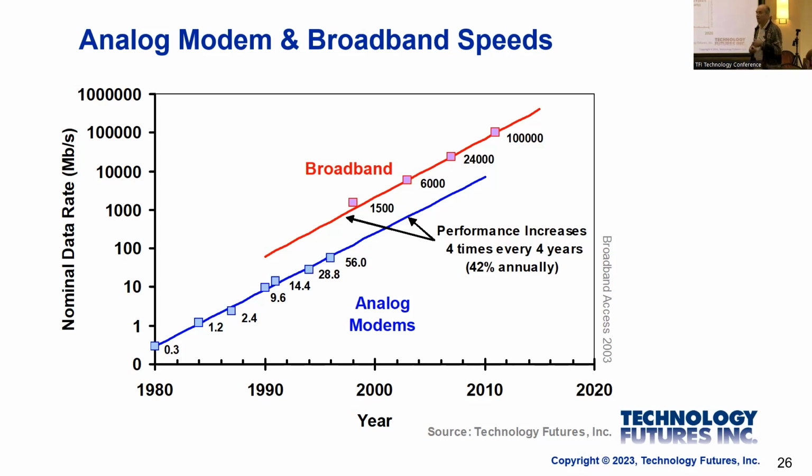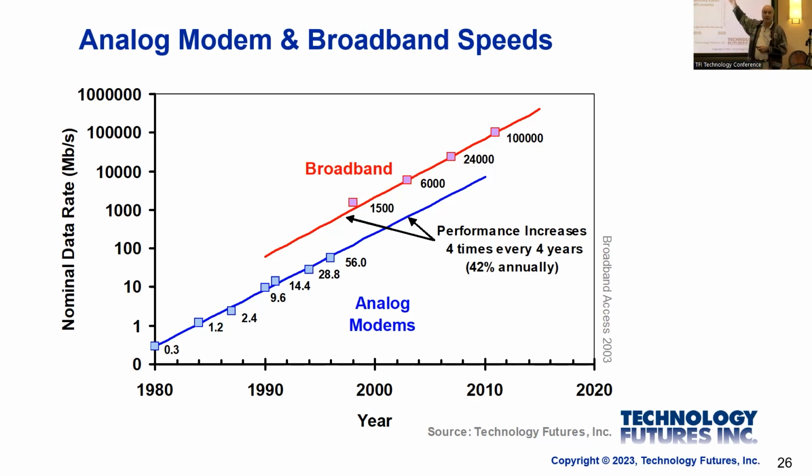So when we saw that with analog modems, we realized that with broadband we'd be jumping onto another curve, starting with 1,500 bits per second, which is 1.5 megabits per second. So about a megabit per second is where we started out with broadband. And then we had generations after that going to 6 and 24 megabits per second, and then finally 100 megabits per second.